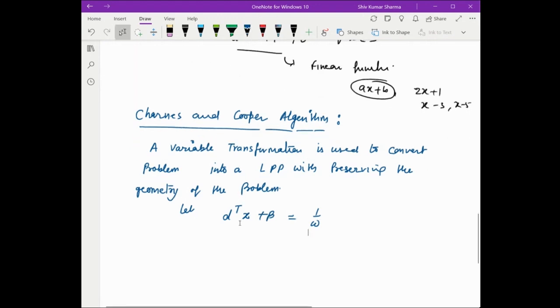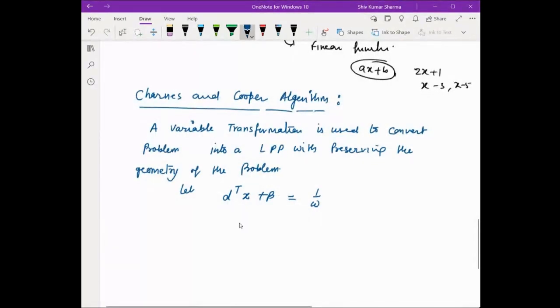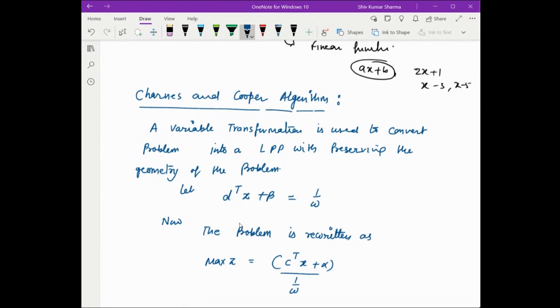Now the problem is rewritten as maximum of z equal to C transpose x plus alpha upon 1 upon omega.